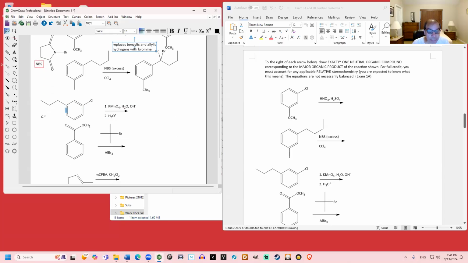Over here is another reaction we're going to talk about on Monday. We're going to say that potassium permanganate is one of the strongest oxidizing agents known. When you treat an alkyl aromatic compound with potassium permanganate, it chews off all of the alkyl carbons and oxidizes all of them except the one attached to the benzene ring to CO2.